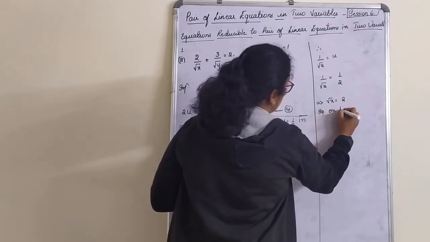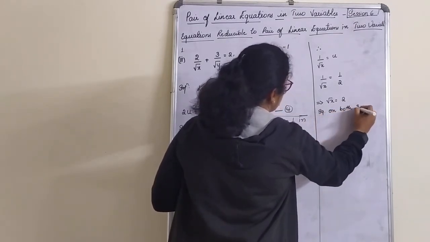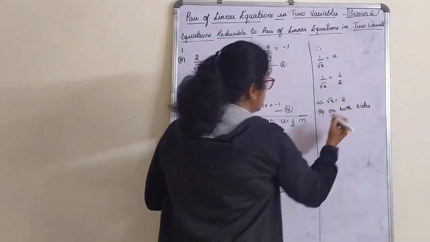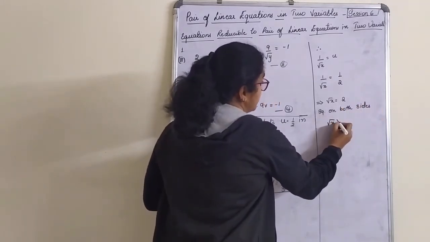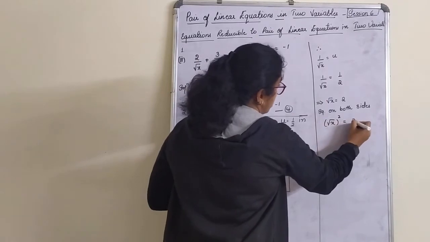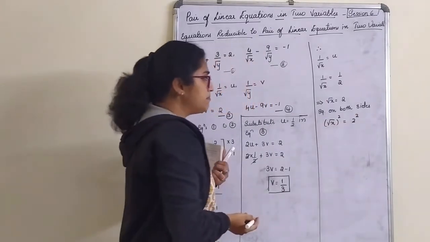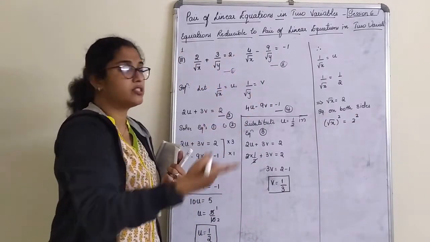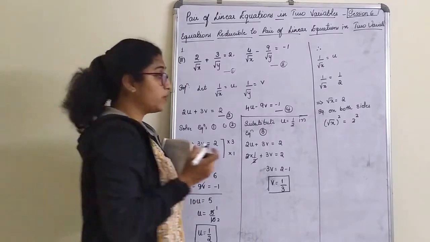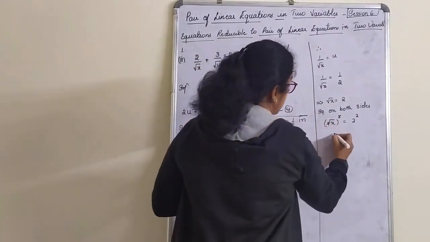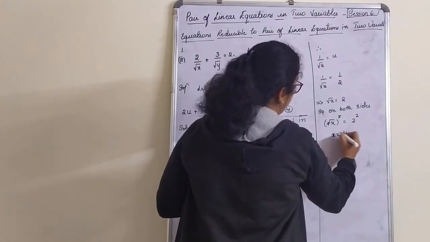Squaring on both sides, the square and root will get cancelled. 2 square, or simply, when a square root transposes to the other side, that becomes a square. That way also you can say. So x is equal to 4.